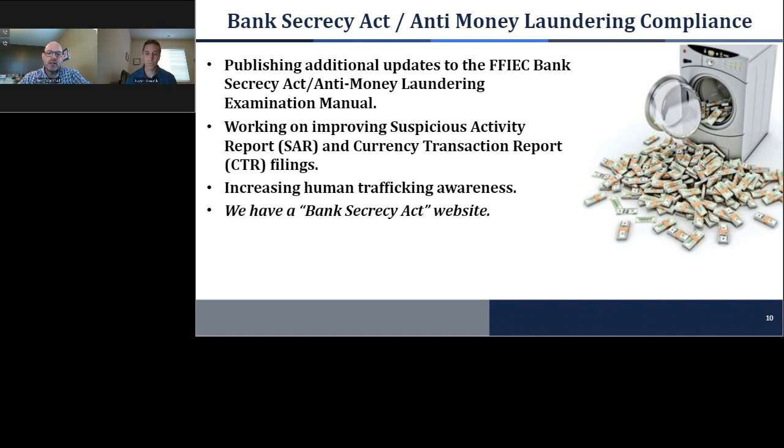And then the last thing, which I think has been in the news a little bit more lately and is getting attention, is that the financial regulators are trying to take a stronger approach, increasing human trafficking awareness by providing more information to you all in credit union land and to examiners in terms of helping law enforcement in terms of freezing financial assets in that space.